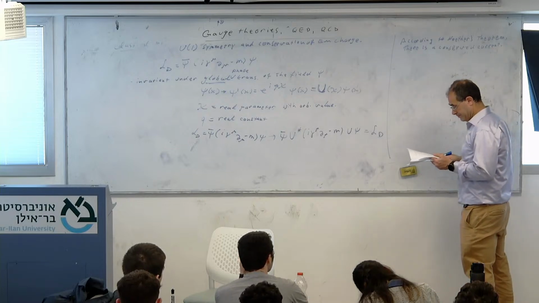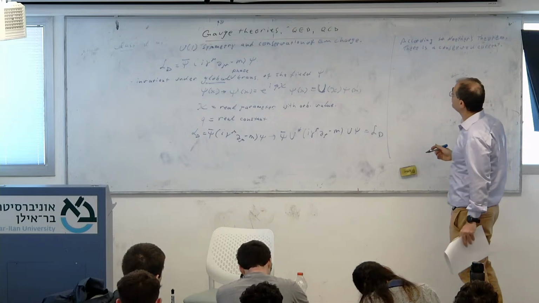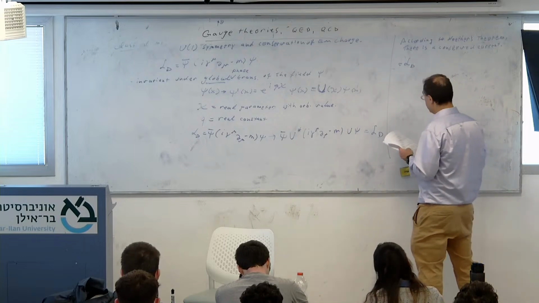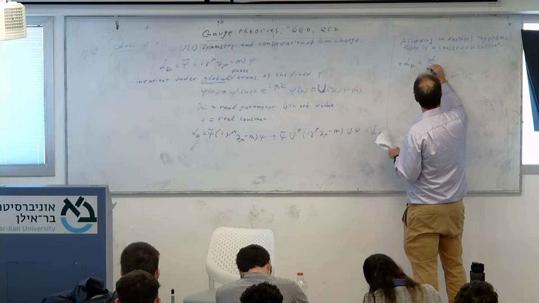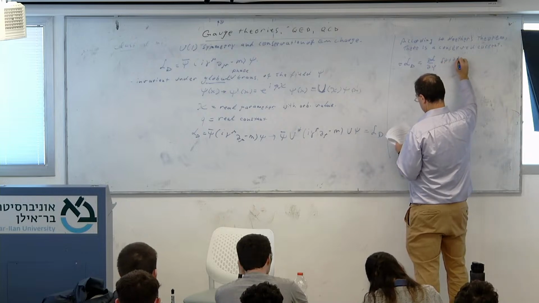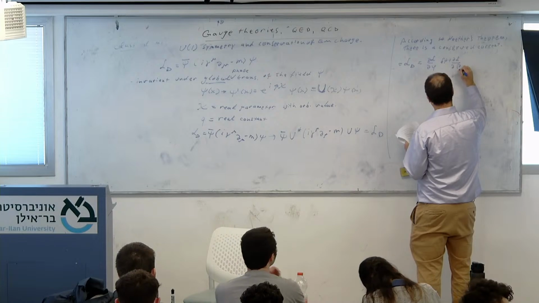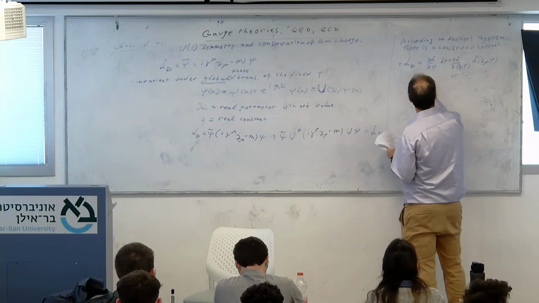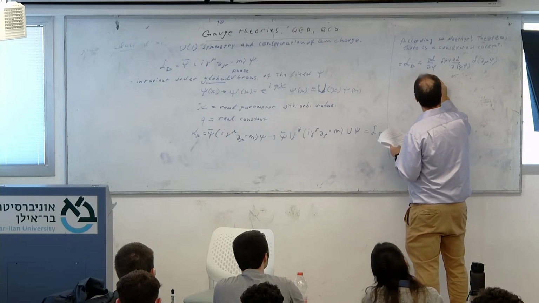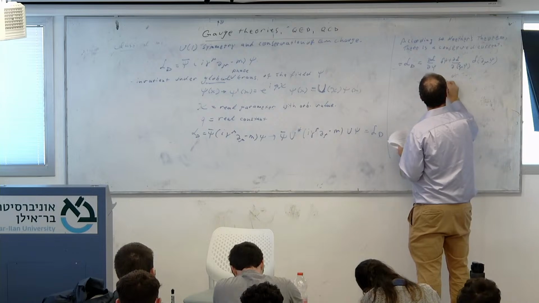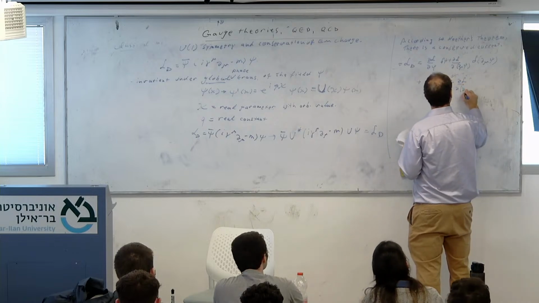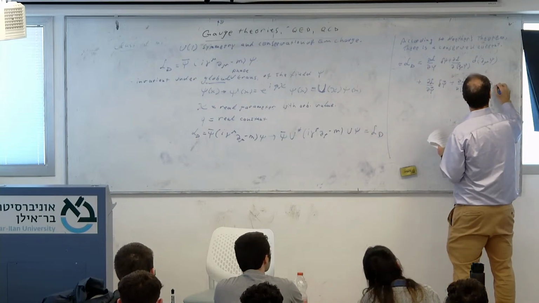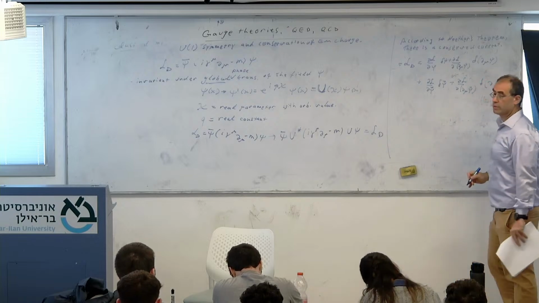Changing the Lagrangian, delta L Dirac is dL/d psi delta psi plus dL/d(d mu psi) delta d mu psi plus dL/d psi bar delta psi bar plus dL/d(d mu psi bar) delta d mu psi bar is equal to 0.